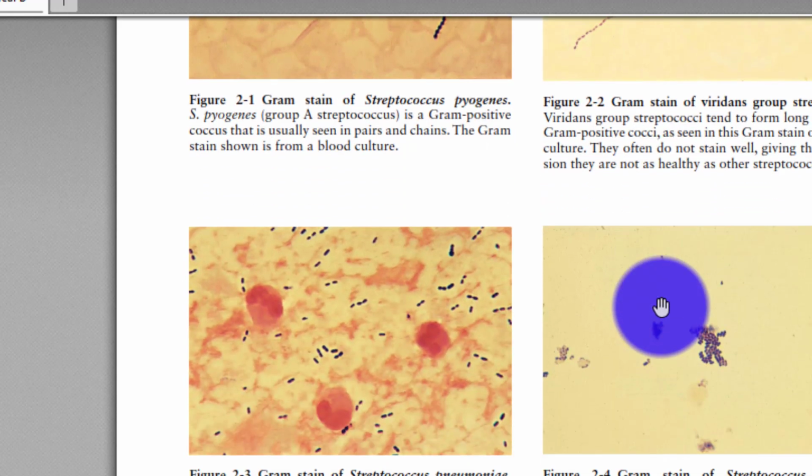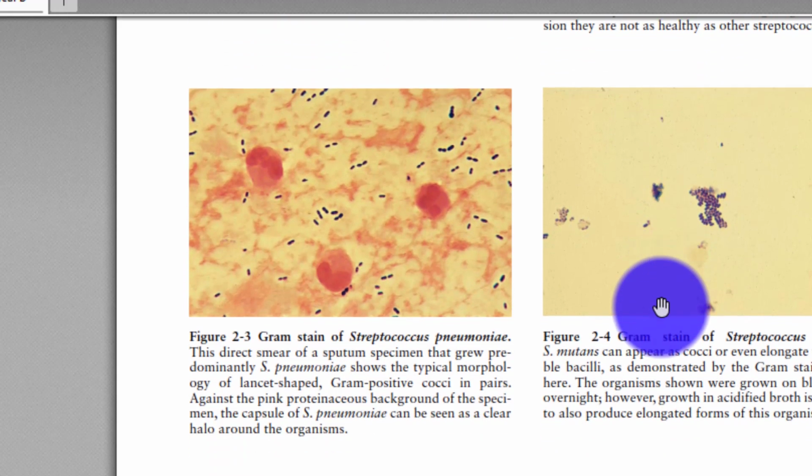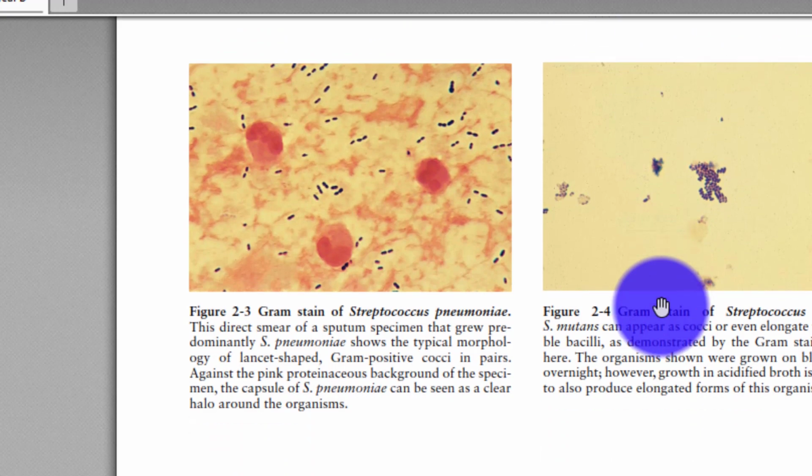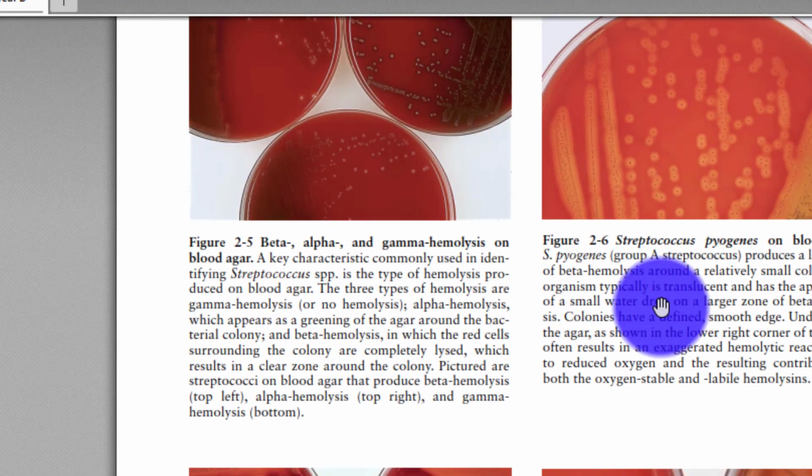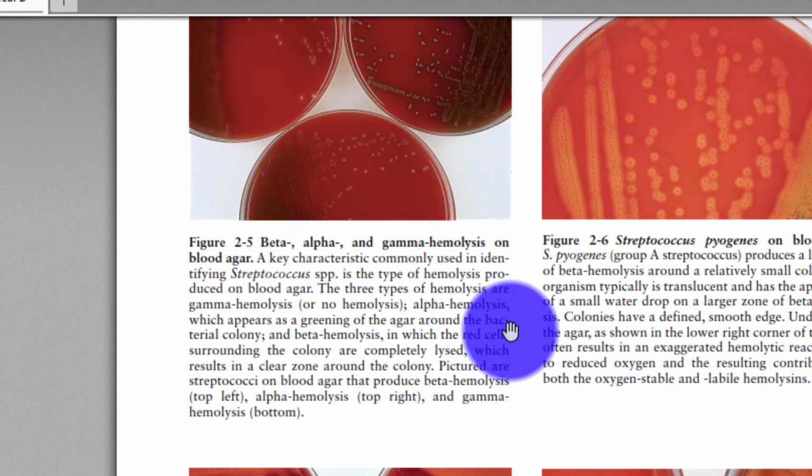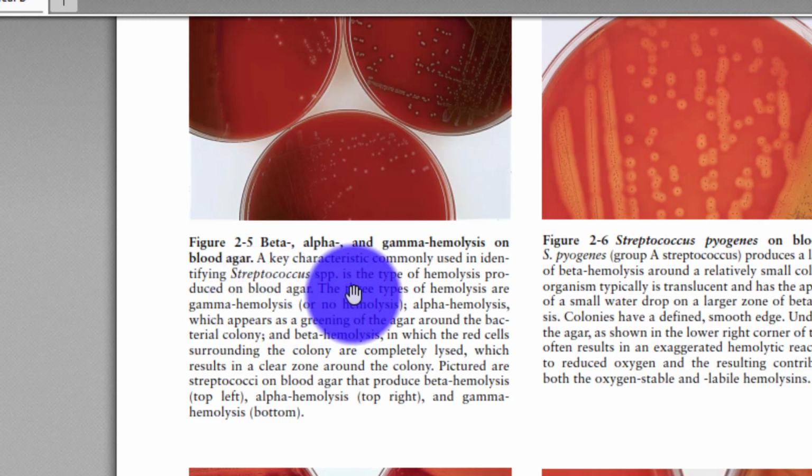A Gram stain of Streptococcus pneumoniae, Gram stain of Streptococcus mutans, blood agar, beta hemolysis and gamma hemolysis on blood agar. A key characteristic commonly used in identifying Streptococcus species is the type of hemolysis produced on blood agar.